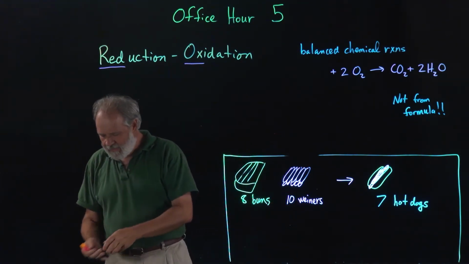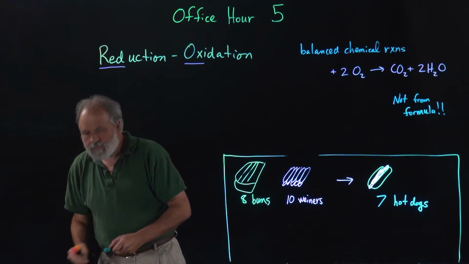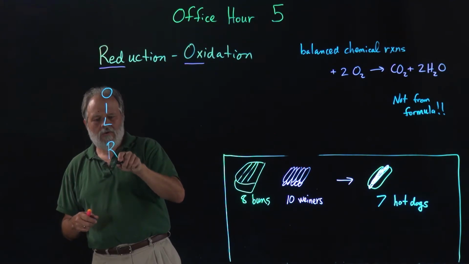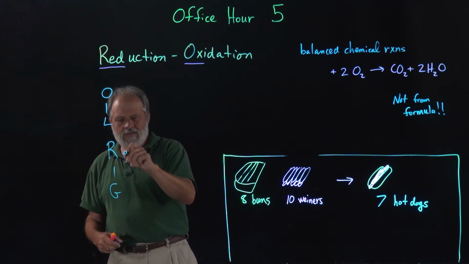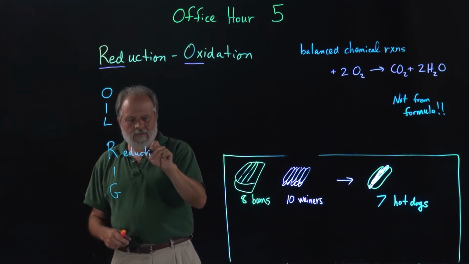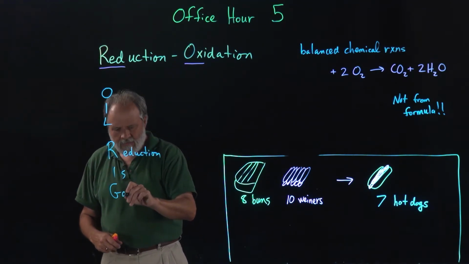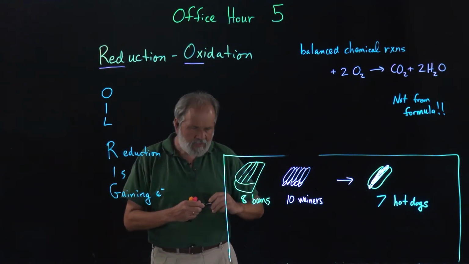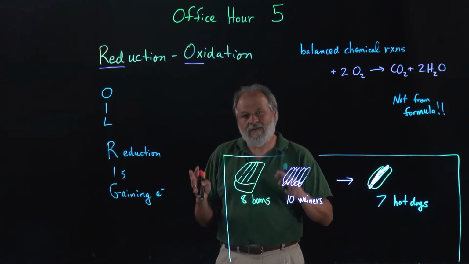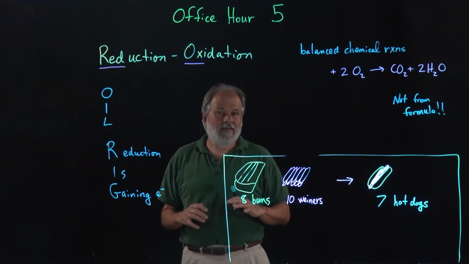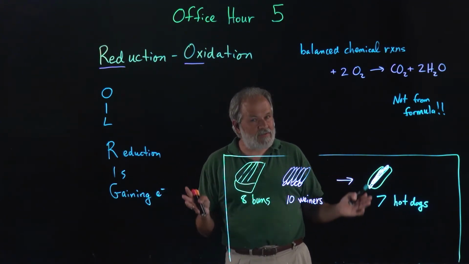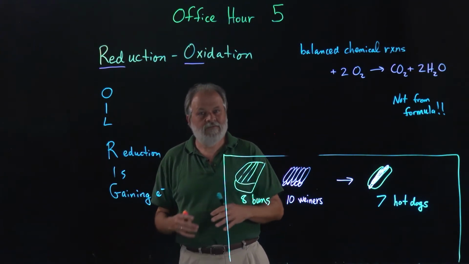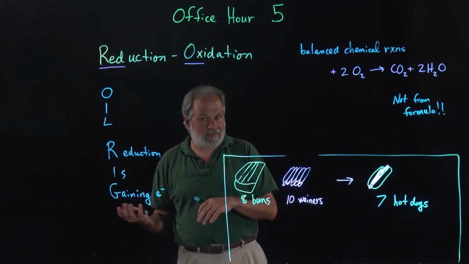Reduction is gaining electrons. So there's a mnemonic: Oil Rig. Reduction is gaining electrons. Remember we first learned about atoms, with the same number of electrons as protons? And then we learned about ions, which is not the same number. So when you go from an atom to an ion, you lose electrons or you gain electrons.